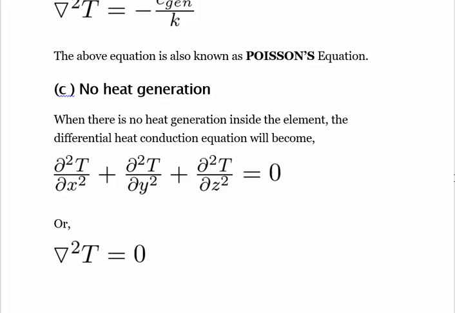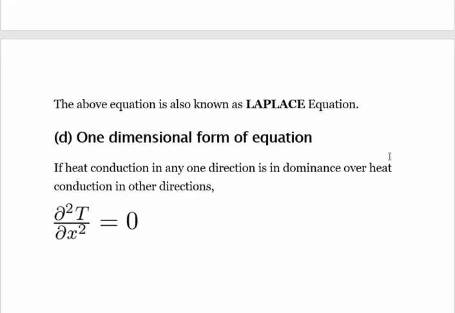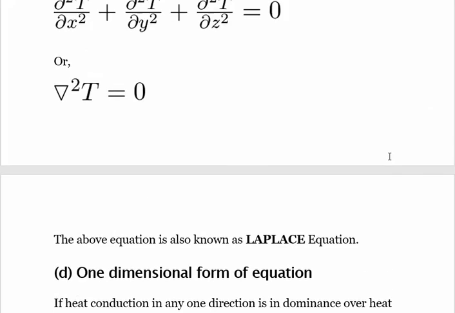Then we have a smaller equation: the double differentiation of temperature with respect to x, plus with respect to y, plus with respect to z, and the summation over all the directions equals 0. We can say in shorter form that the double differentiation of the temperature, the Laplacian of T, will be 0. This is our Laplace equation.